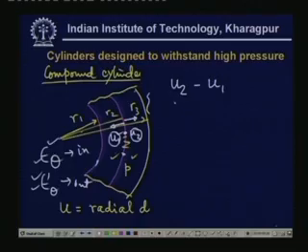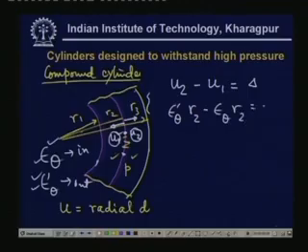So, the net displacement will be equal to u2 minus u1, and that will be equal to the clearance between these 2. And once we use this formula, this is nothing but epsilon theta prime times r2 minus epsilon theta r2 equal to delta, and once we use Hooke's law again, we can get the value of P.